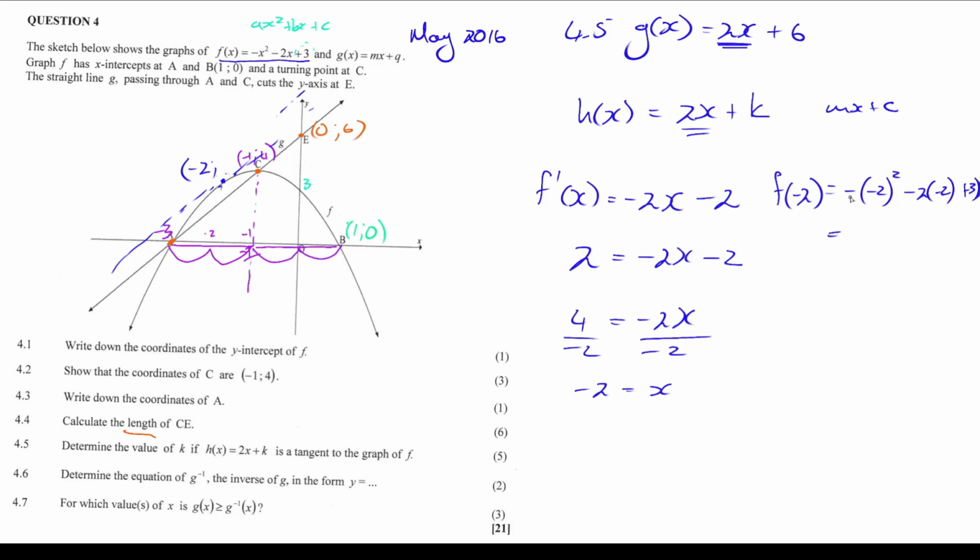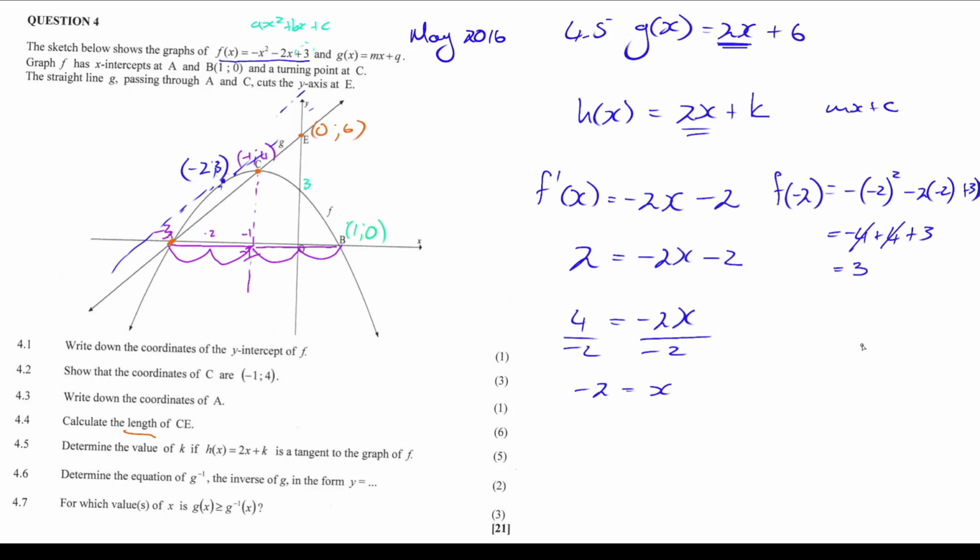Okay, so -2 times -2 is 4, times the negative gives me -4, plus 2 times 2 is 4, plus 3. These two cancel. Therefore, the y value is 3. So we have -2 and 3 over there.